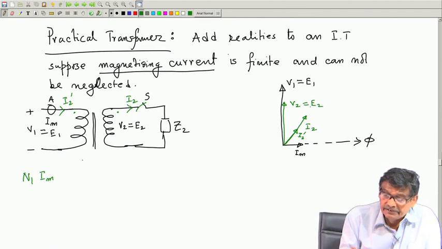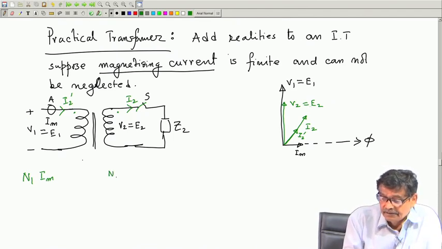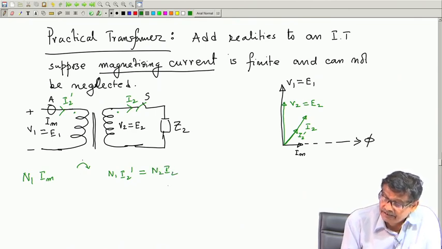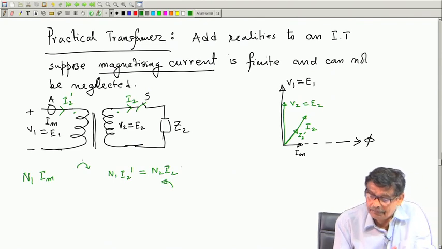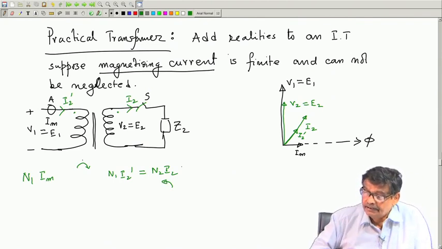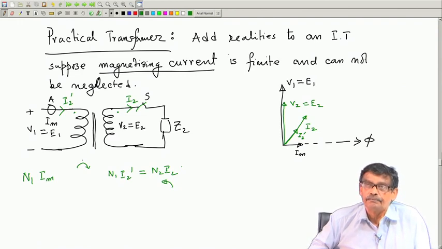And I 2 dashed is such that N 1 I 2 dashed, which produces flux in the clockwise direction, and N 2 I 2, which will produce flux in the counter direction, will balance off, and once again the MMF will remain N 1 into I m.